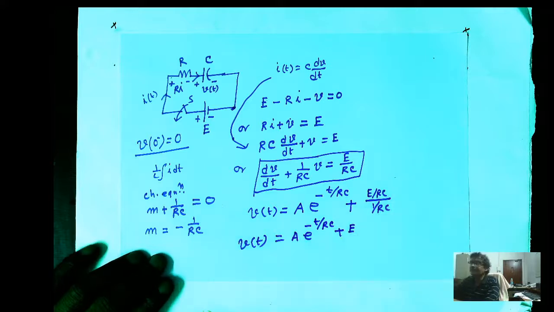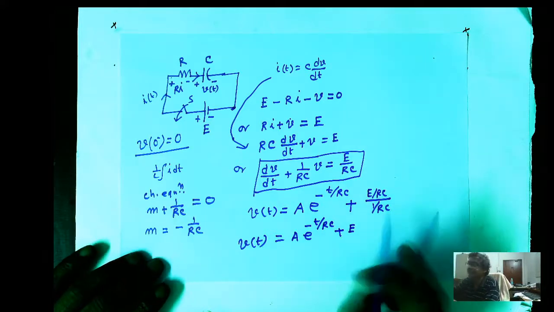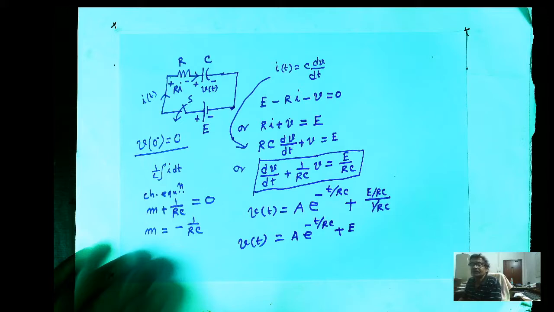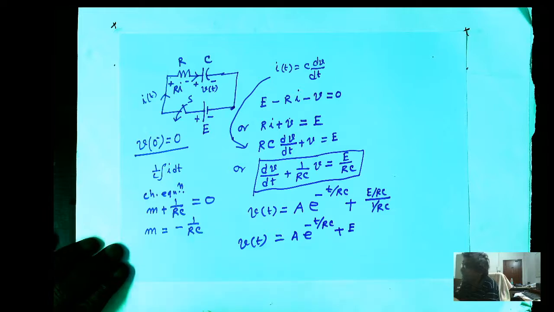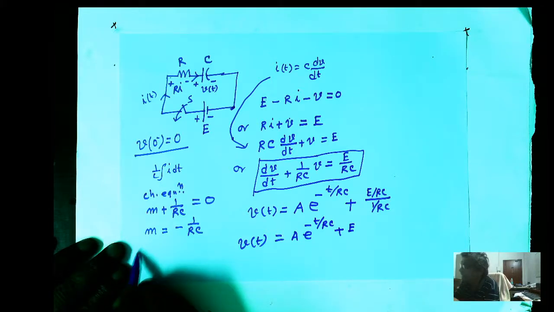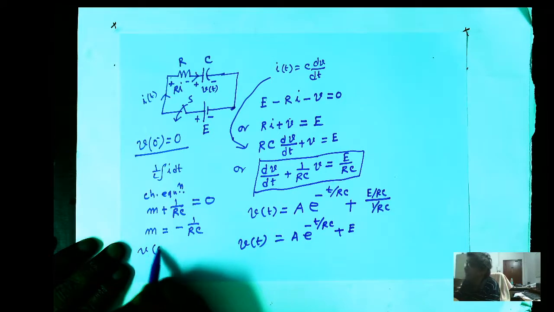I skipped many steps to obtain this result. The way I told you, the solution due to the forcing function is a linear combination of the forcing function and its higher order derivatives. Same thing you can do, you will end up with the same equation. Now I will apply the boundary condition that V(0) is equal to 0.